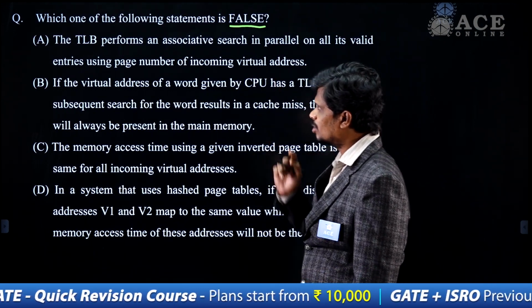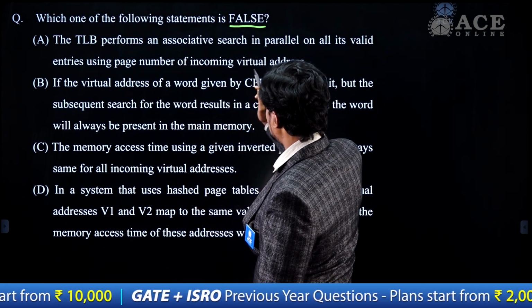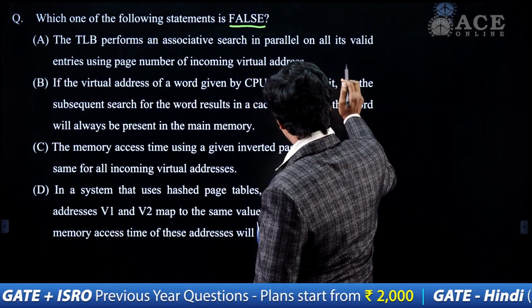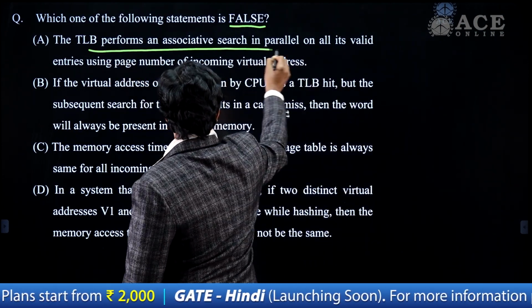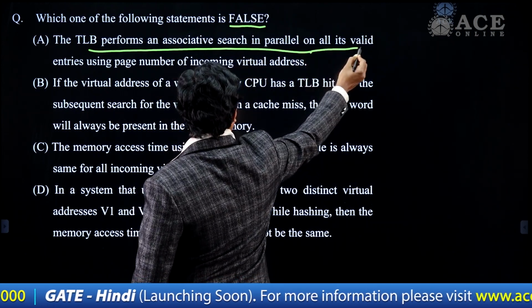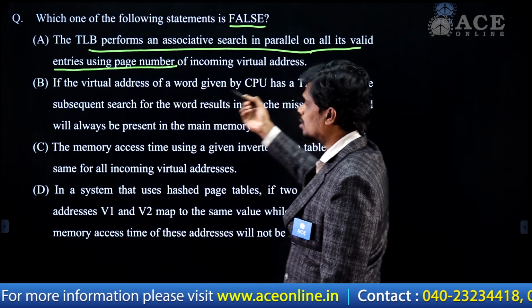So let's consider first option A. It says that the TLB performs an associative search in parallel on all its valid entries using the page number. Is it correct or not? Verify.